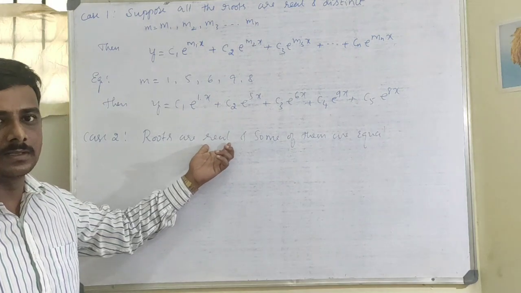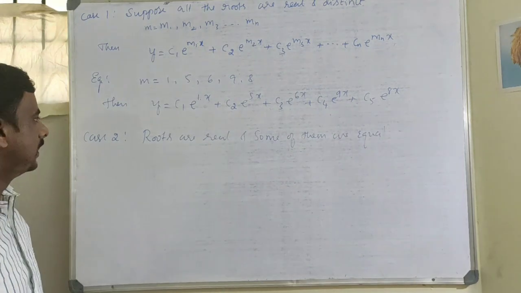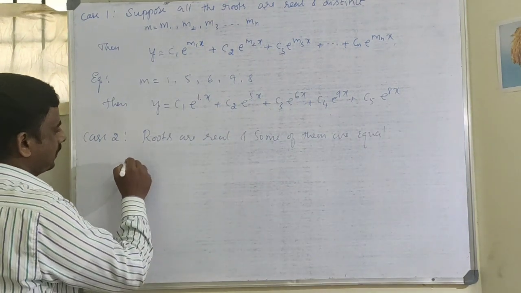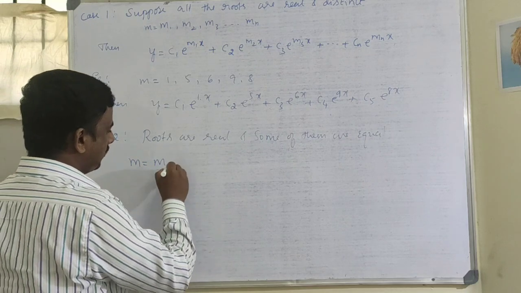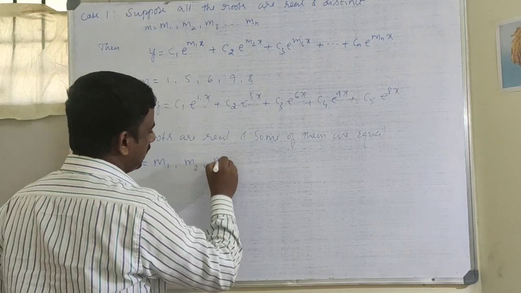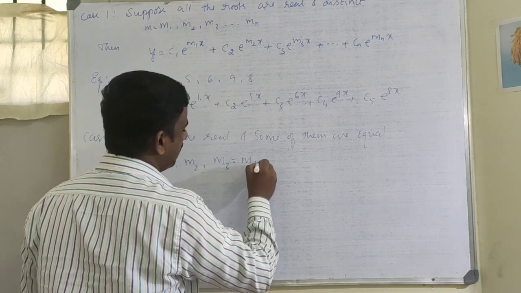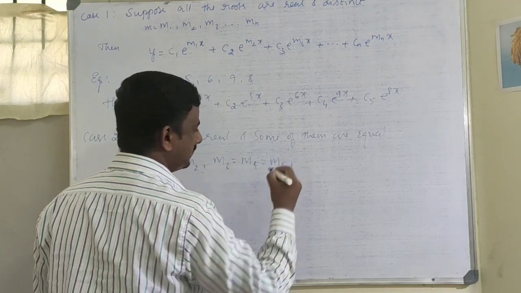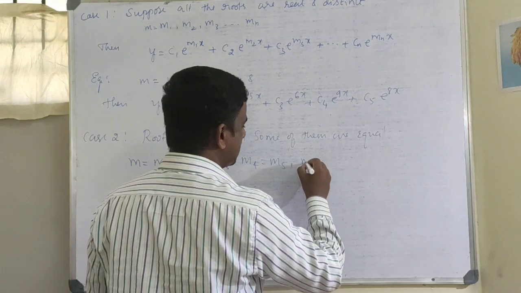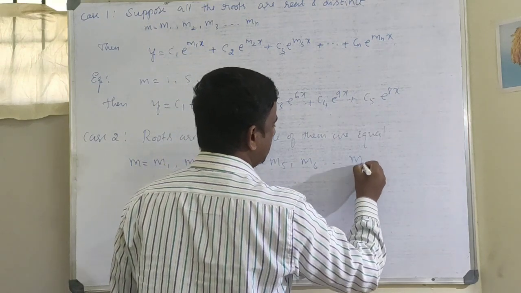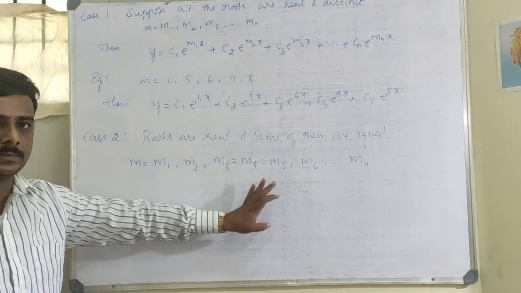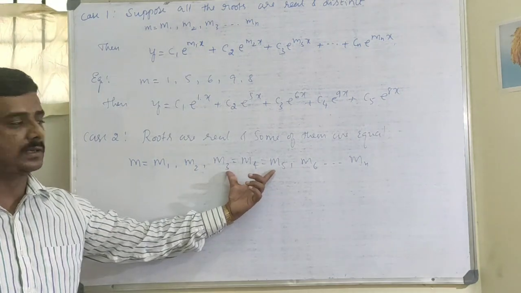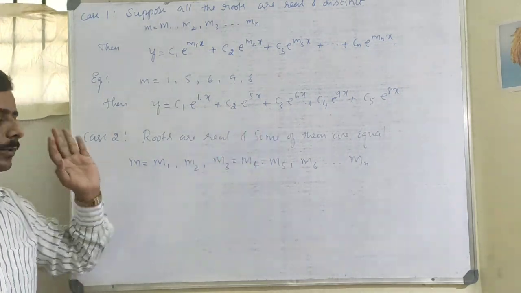Again, in this case also, we are considering only real roots. Say m equal to m1, m2, then m3, m4 and m5, where m3, m4 and m5 are all equal, then m6 and so on. Suppose the roots are given like this. All are real numbers and three of them are equal here. So some of them are equal in general.